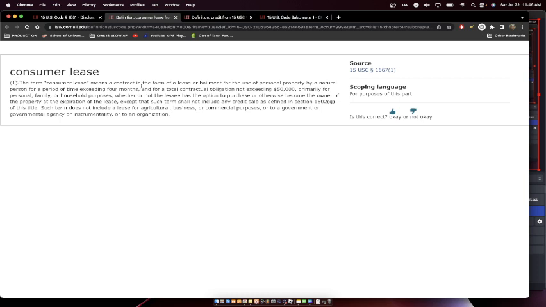Consumer lease is the contract in the form of a lease or bailment for the use of personal property for a period of time exceeding 4 months. That term shall not include any credit sale.